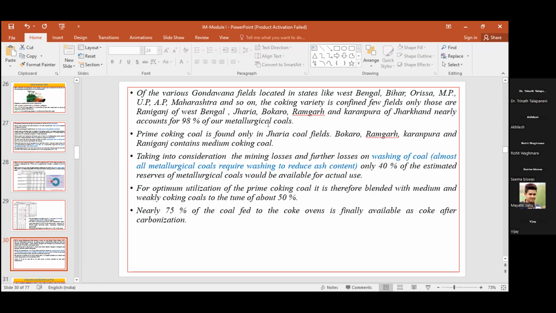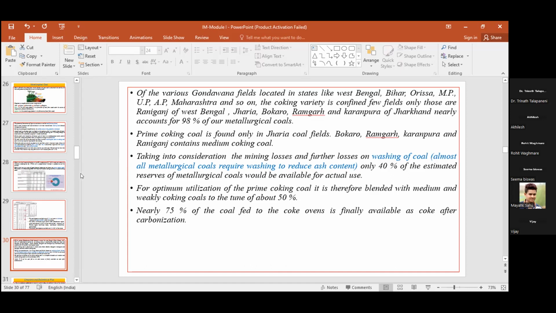So integrated steel plants will have coal washery units where we wash the coals to minimize the gangue content as well as the ash content associated with them.